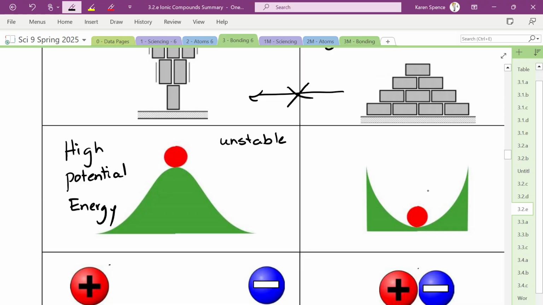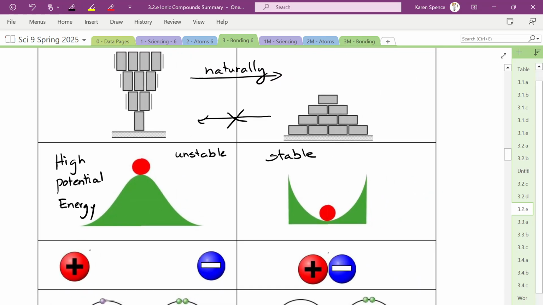Okay, and this guy over here has gone to the bottom of the hill. This is now stable. Is that high or low potential energy? Low potential energy. Can I just write PE for potential energy? PE, potential energy.